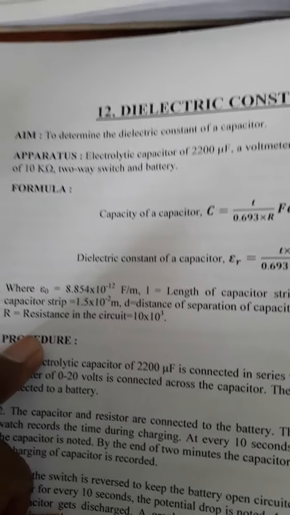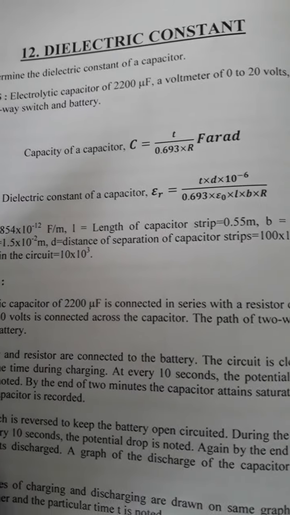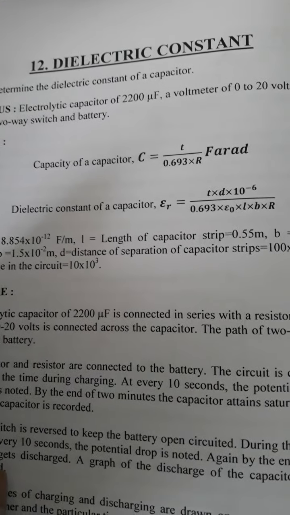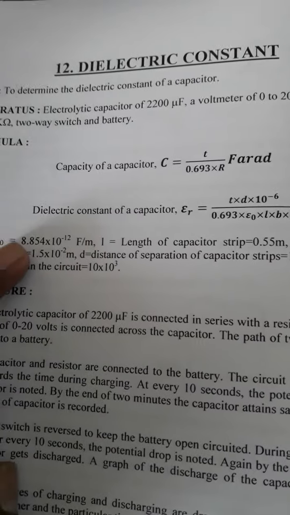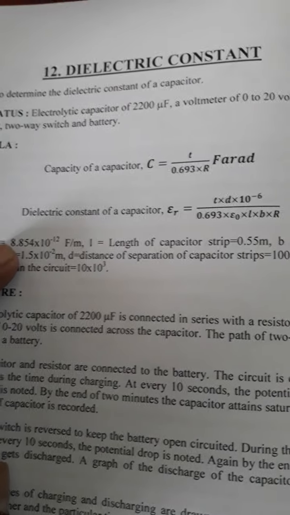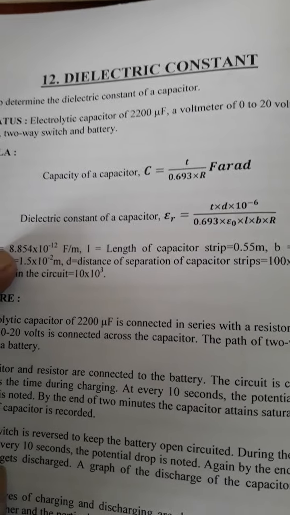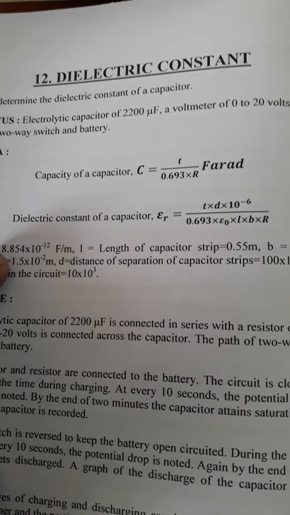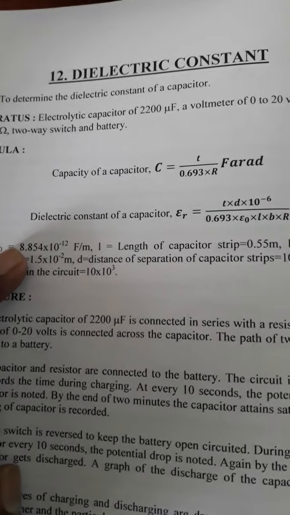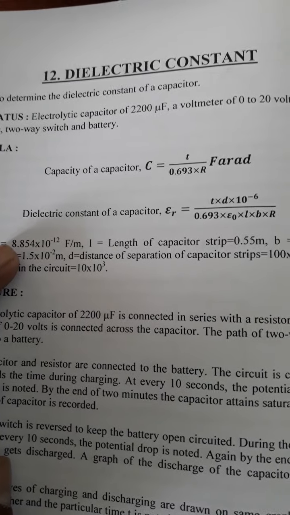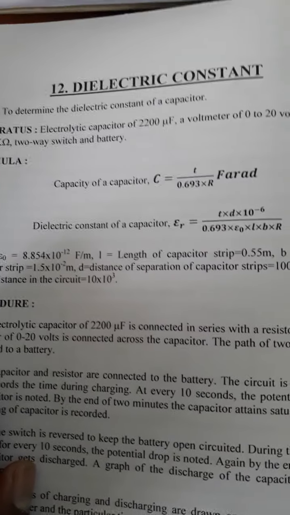So epsilon r is equal to epsilon m divided by epsilon naught, where epsilon naught is the permittivity of free space. This dielectric constant is different for different materials, and we are going to calculate it using this experiment.